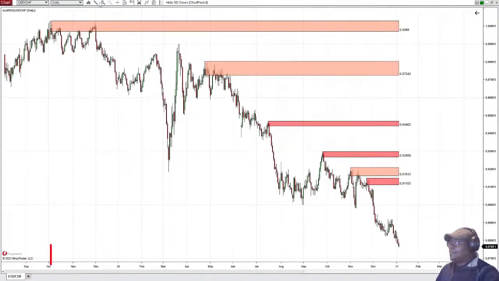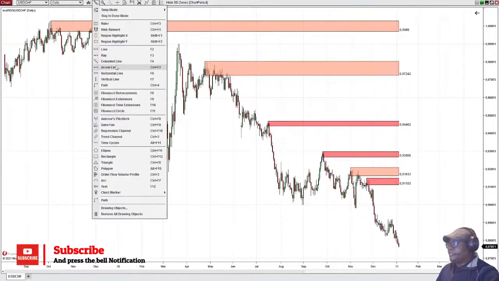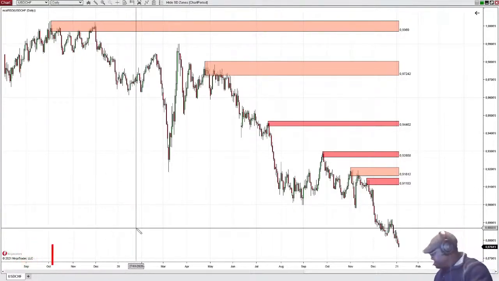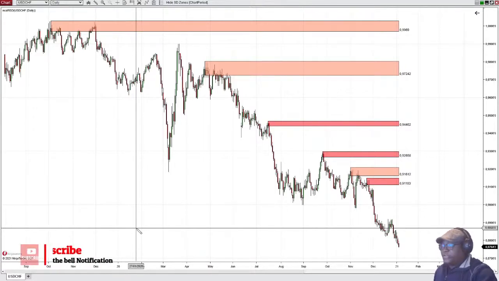I think I have this drawn on the daily chart. It has potential on the daily chart, so there's still a low that it still has to reach, and that is 86.99.